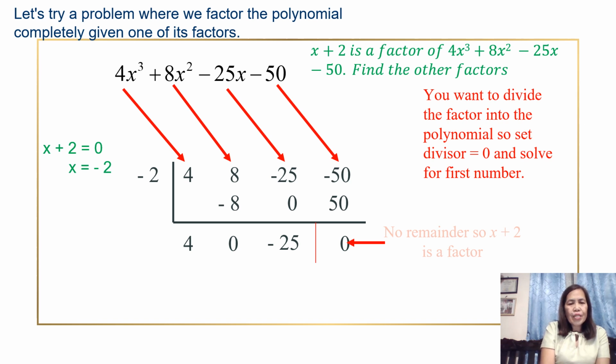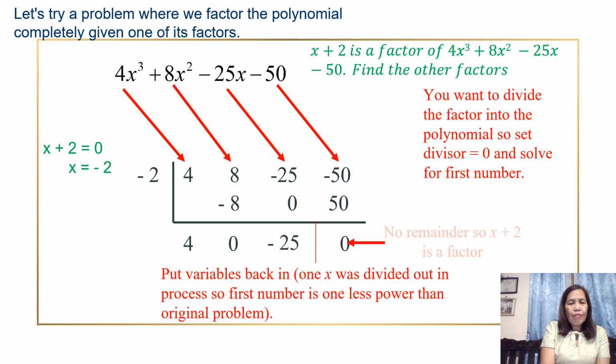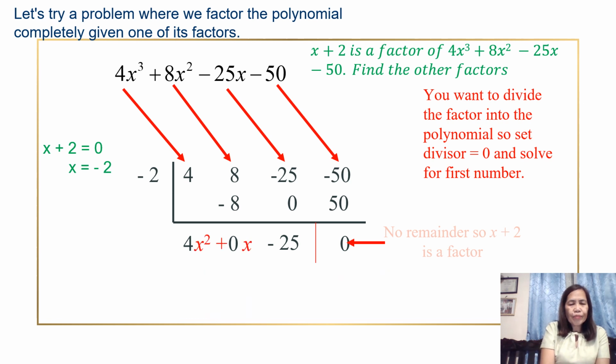So, from the remaining, ito yung ating nakuhang numerical coefficients. So, express this into equation or polynomial. So, magiging 4x squared minus 25 siya. So, dahil 0 siya rito, wala tayong x.